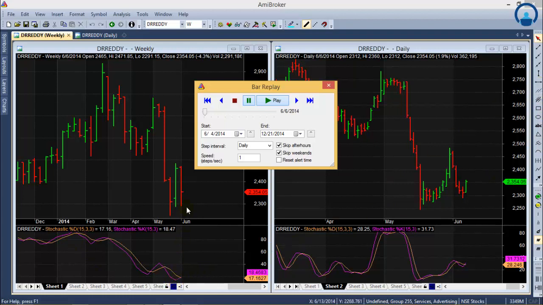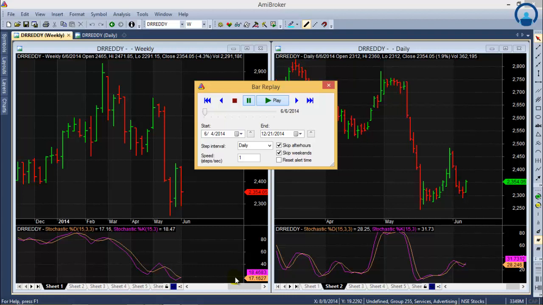As of the last bar, stochastic is below 20, suggesting that weekly has now reached its oversold zone. From here on, Dr. Reddy might turn its direction and go up, or might consolidate and prices might move sideways. As of the last bar, the stochastic oscillator has given a bullish crossover.